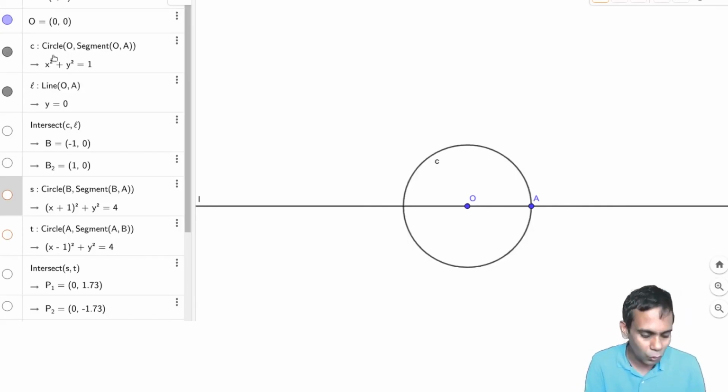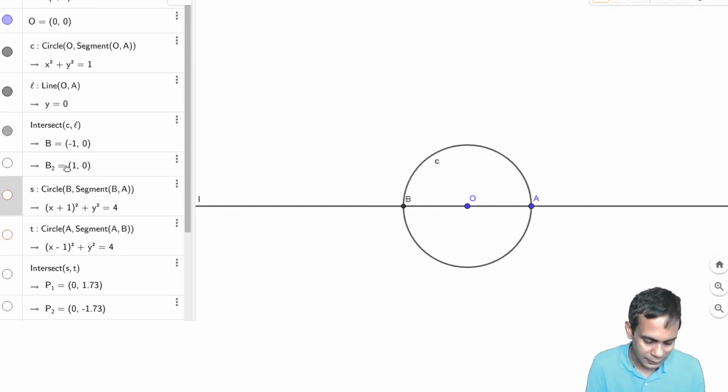Okay, so you can read the code here. It's a circle C with center O and radius the segment O to A. And now we can try to find the intersection of this circle C with the line L. There are 2 points in the intersection, this point B and the other point is A. So GeoGebra gives me both the points.